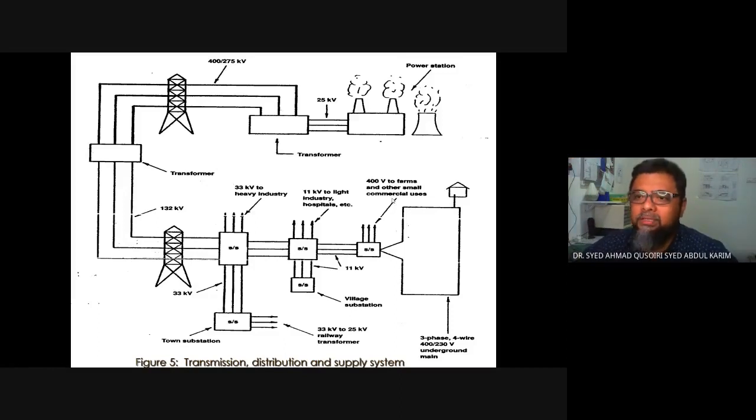Untuk pengguna biasa macam kita ni, rumah-rumah, kedai biasa lah kan, dia akan turunkan lagi 400 volt, turunkan lagi ke 220 ke 240 volt, turunkan lagi, barulah boleh digunakan oleh pengguna rumah, end user lah, rumah kedai dan sebagainya.